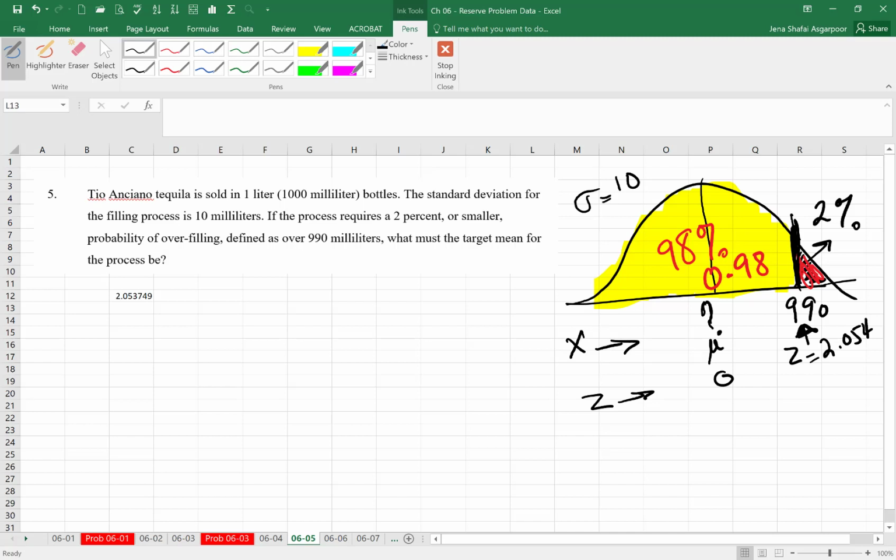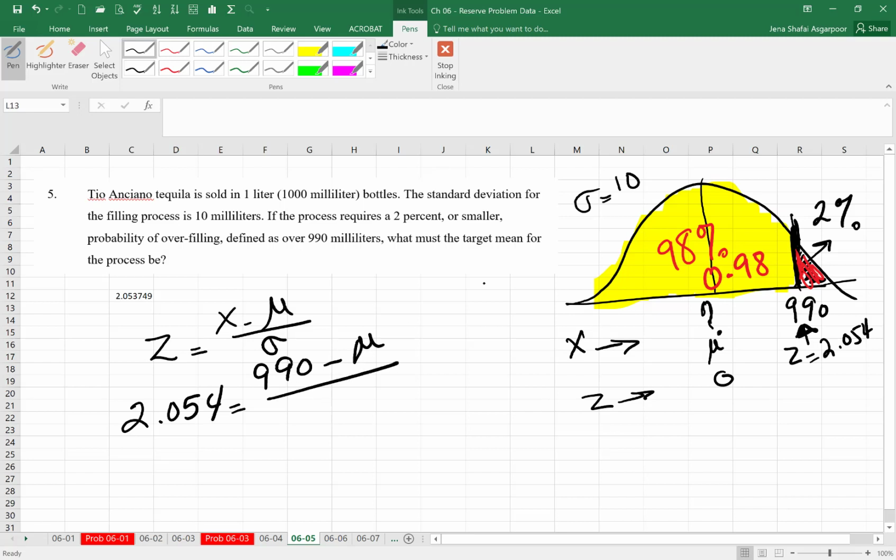So now I can use my knowledge of the z distribution, which says z is equal to x minus mu over sigma. Now z is 2.054 in our problem, x is 990, mu is what we're looking for, and sigma is 10. So mu can be computed as 990 minus 2.054 times 10.